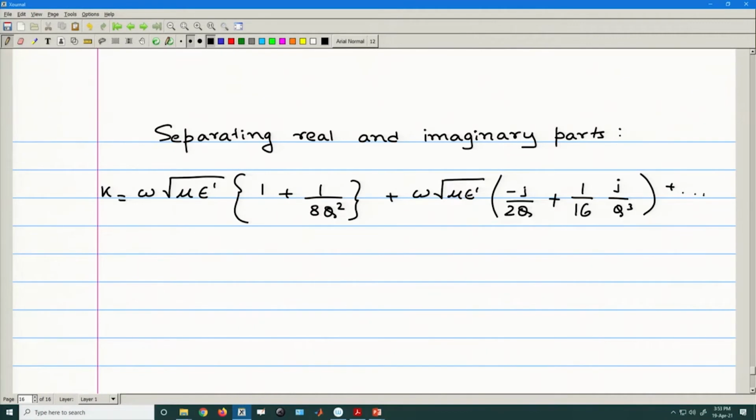So we will write it as omega mu epsilon prime times 1 plus 1 by 8Q square.